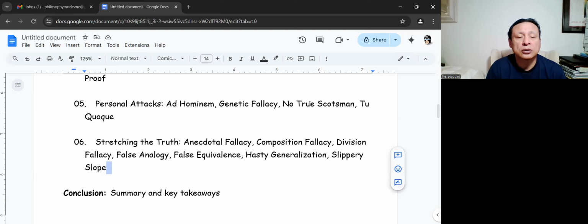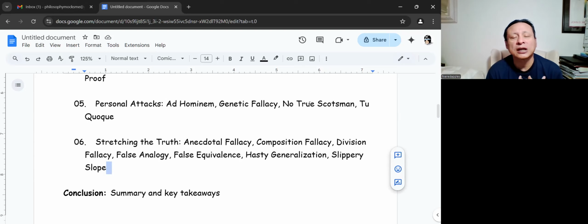Okay, the last section he calls stretching the truth. Anecdotal fallacy: let's say you got mugged by a Mexican guy, and you're like, oh, Mexicans are criminals. I know because I was robbed last week, and maybe I've been robbed twice, and both times they were Mexican. Yeah, but that's just a small sample size, right?